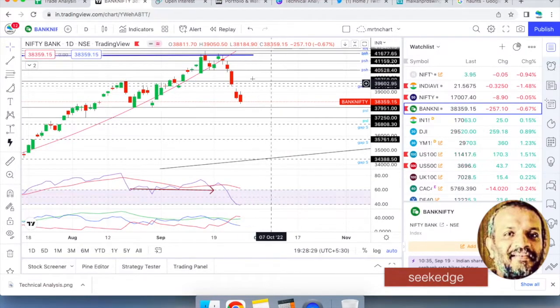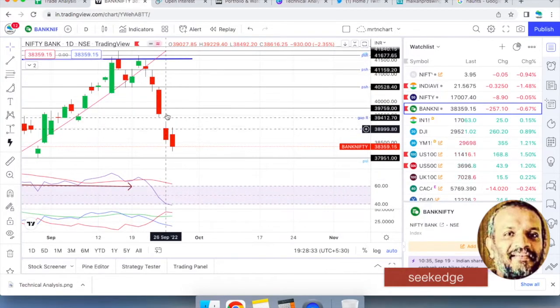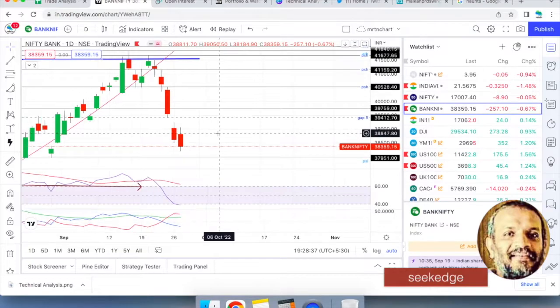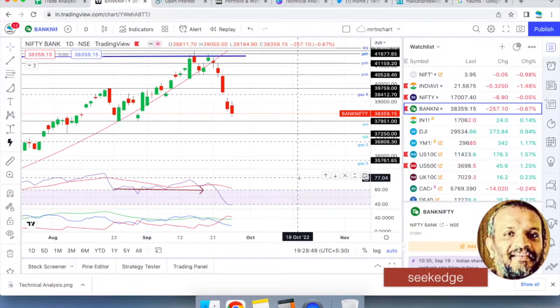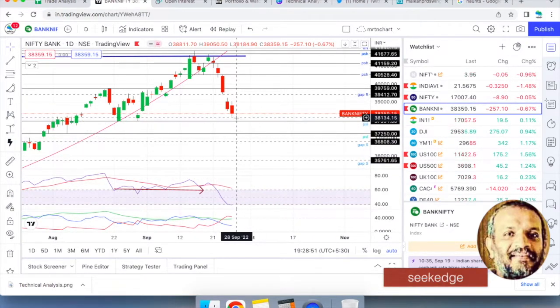First resistance will be here, a gap resistance that we have, and then we have this swing high, and this swing high. All resistance on the upside. Downside, this previous swing low, and then another previous swing low, and then there is a gap near 37,000 nearby levels.